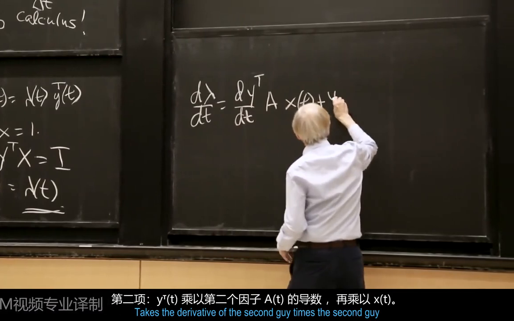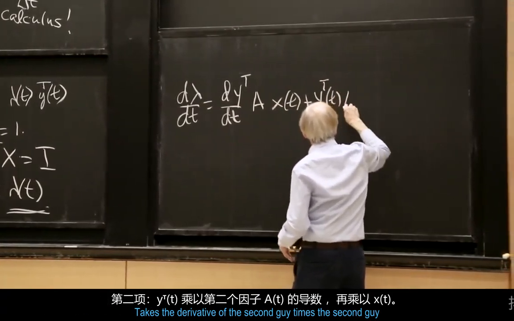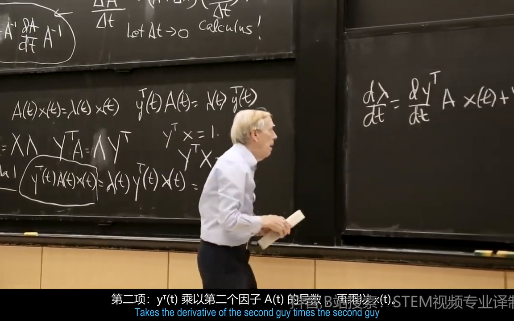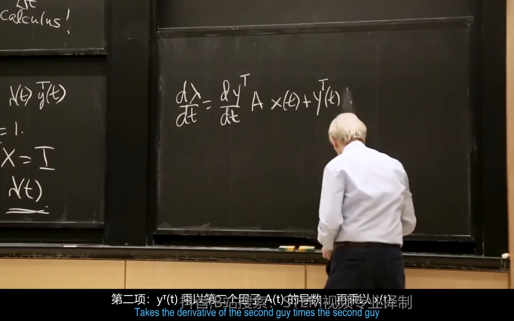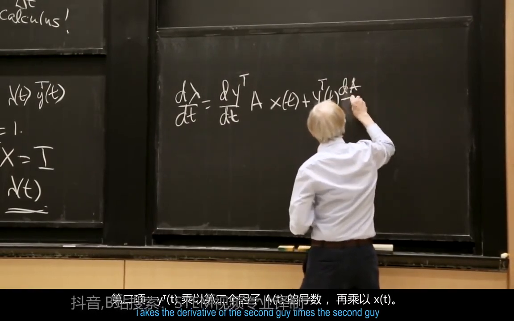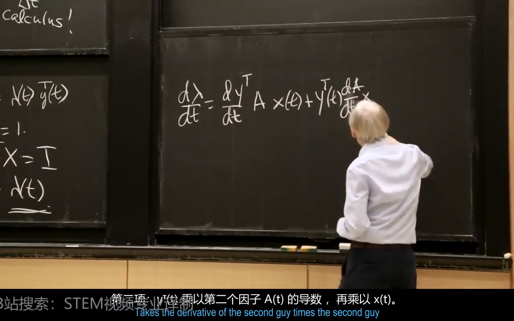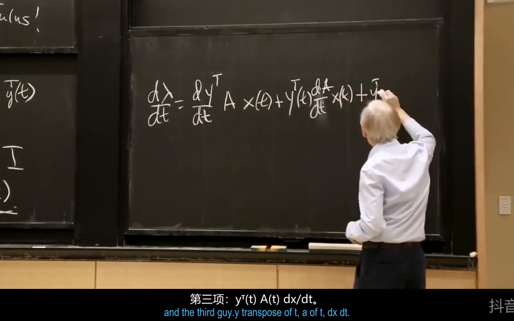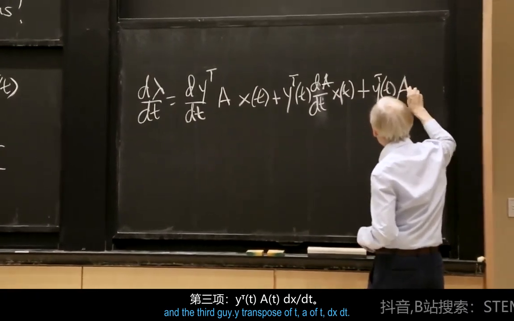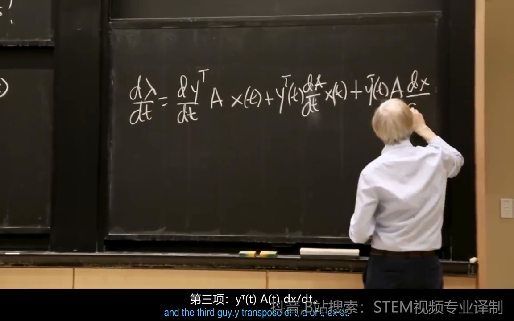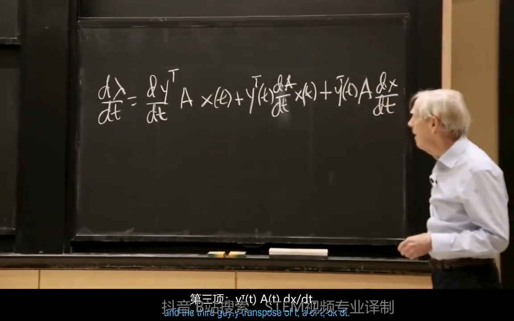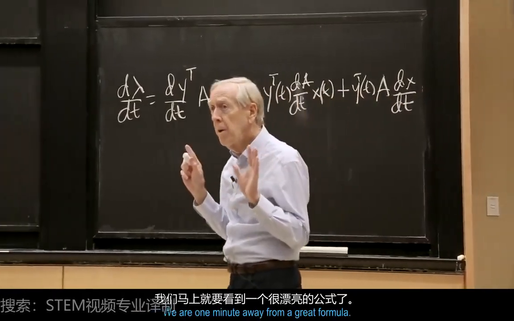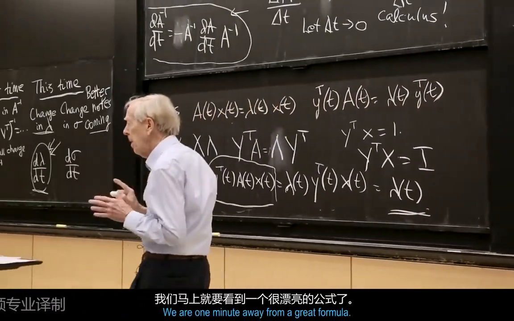Take the derivative of the second guy times the second guy. And the third guy, y transpose of t, A of t, dx dt. Okay? We are one minute away from a great formula.